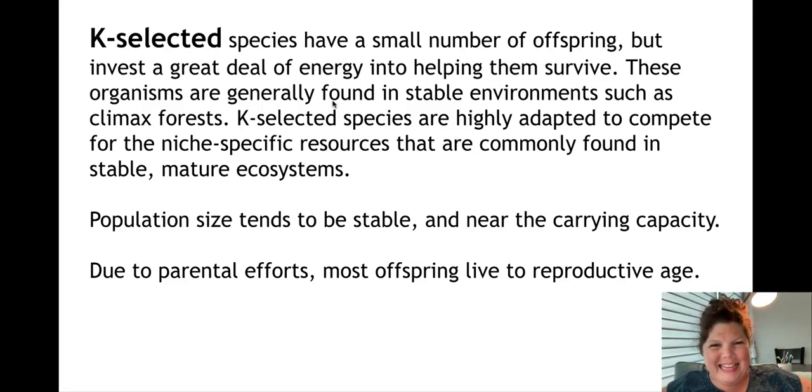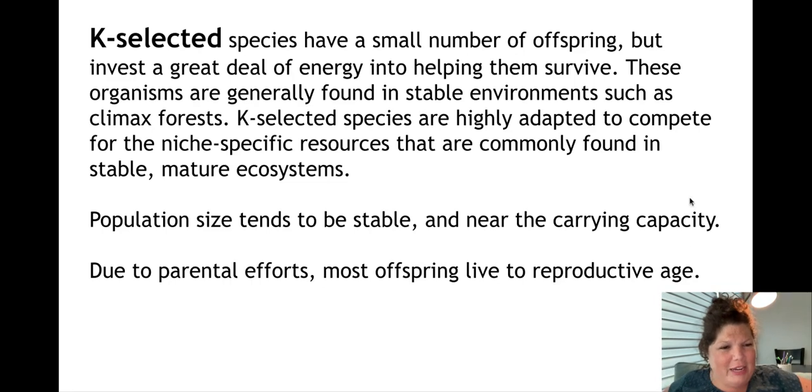As I mentioned, these K-selected species are adapted in their niche, and it's not going to change. The environment around them is very stable. A lot of times these are coral reefs, these are rainforests, or these are savannas. It's very stable. Nothing drastic is going to come in and change things. So they can put that energy in because most of the time their offspring are going to survive.